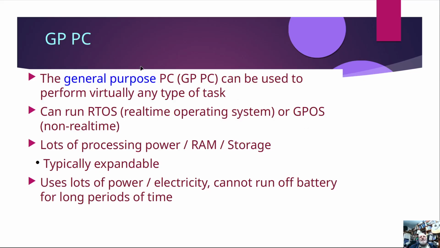We can also use just a standard PC. So GP here just meant general purpose PC, personal computer, that could be running Windows or could be running Linux, or they actually make several real-time operating systems. Again, the difference is that Windows or Linux or Mac OS are not real-time.